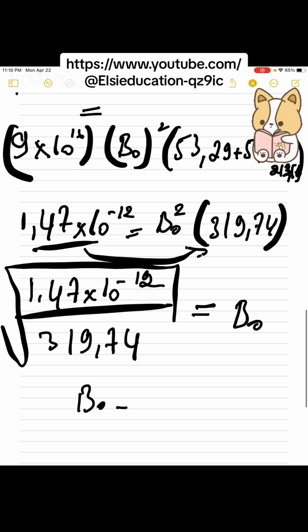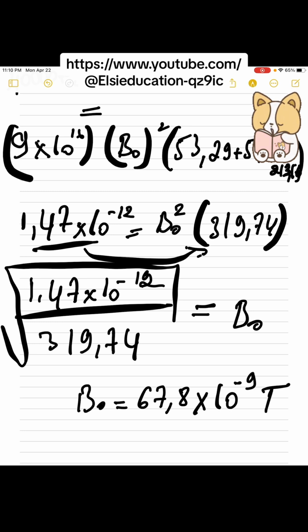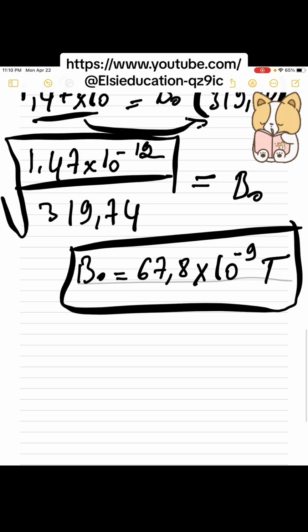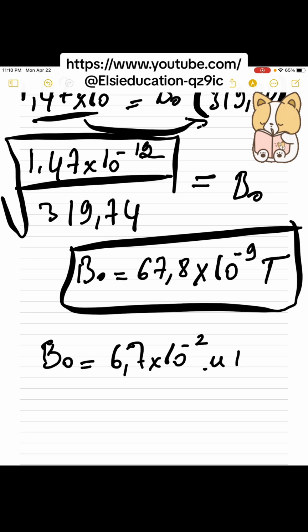So B initial will be equal to 67.8 times 10 to the minus 9 Tesla. If you want to keep it in micro Tesla, it's going to be 6.7 times 10 to the minus 2 micro Tesla.